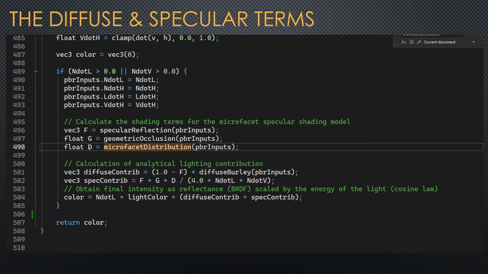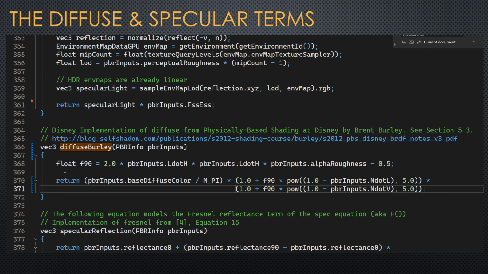We can now calculate the diffuse and specular contribution of the light source. The Fresnel term represents the specular reflection, so the remainder, after subtracting it from 1, is the diffuse part. The function diffuse Burley is a modification by Disney of the Lambertian model.